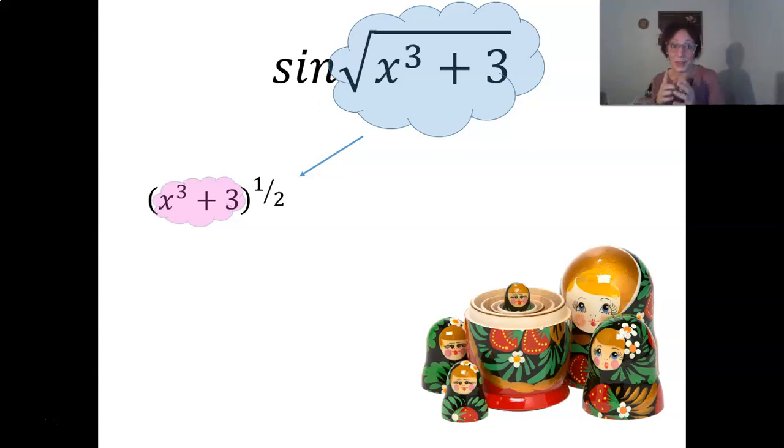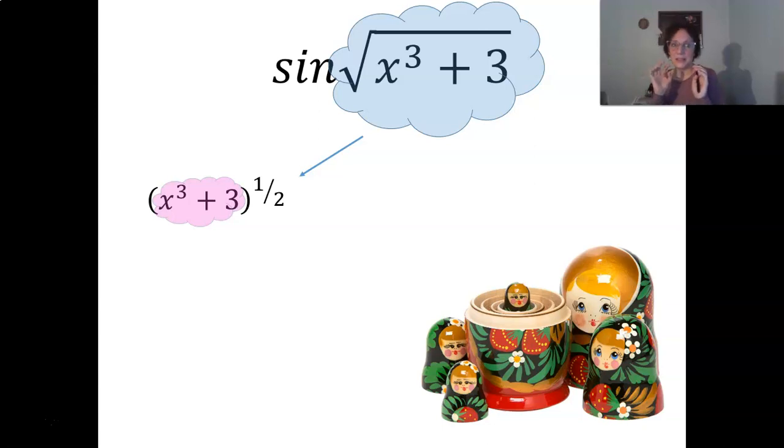In this case, what we have is a cloud that has another cloud in it. In other words, it's a chain rule, and when you go to take the derivative of the blue cloud in this case, you have a function that has another cloud. So we're going to also have to take the derivative of that pink cloud. And I'll show you what I mean here in a moment.